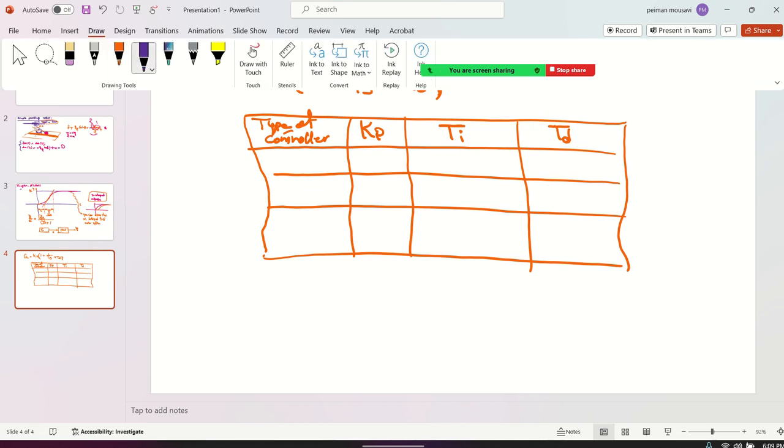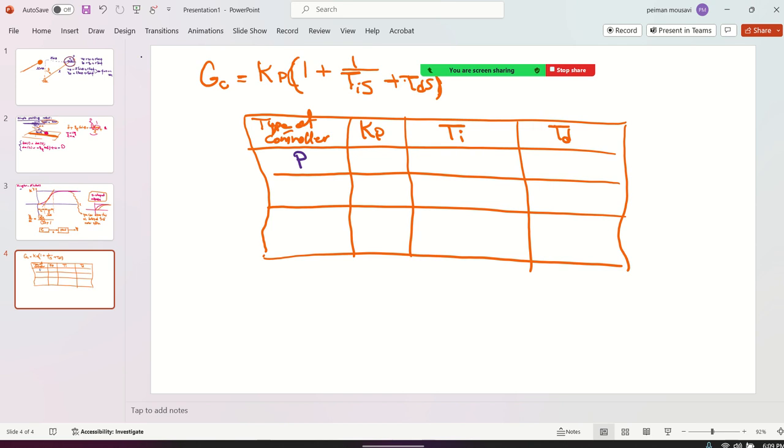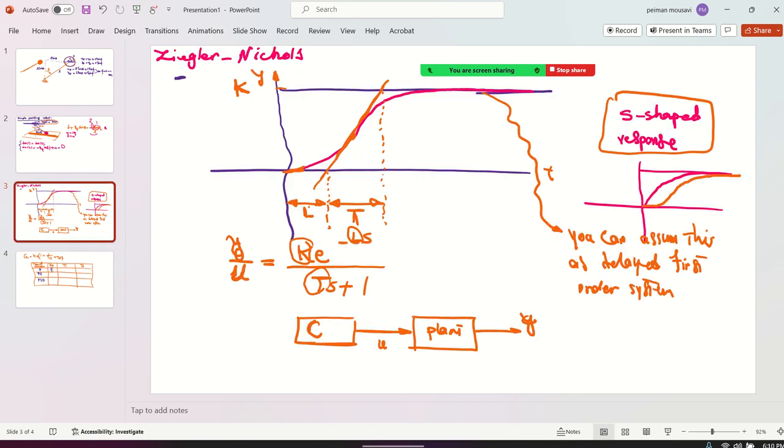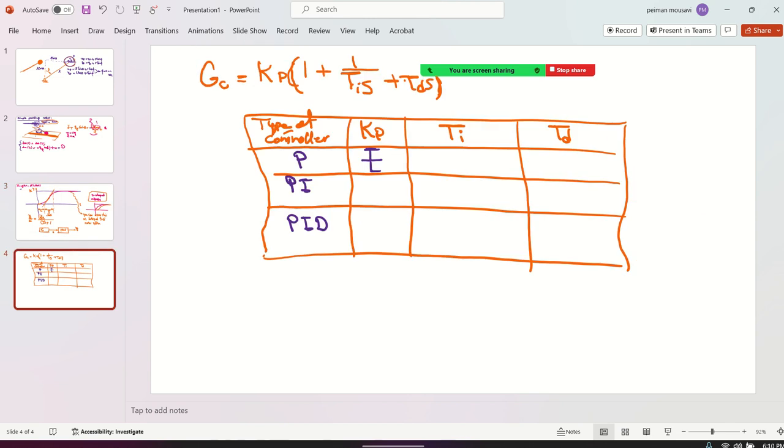And now it depends on whether you want only a P controller, or a PI controller, or a PID controller. If you want a P controller, your KP is going to be T over L, by measuring. TI is going to be infinity because 1 over infinity is 0, and TD is going to be 0 because you only want a P controller.